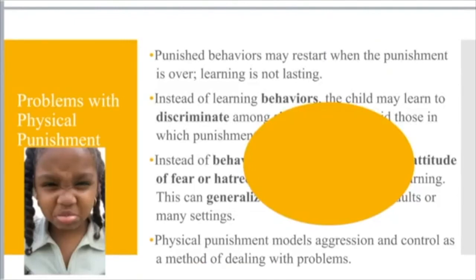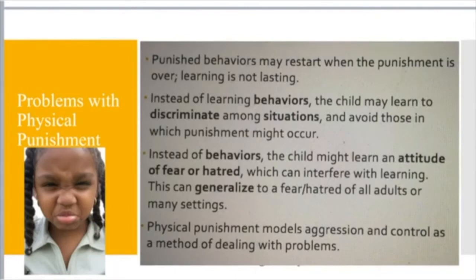With that, then, there are problems with physical punishment. Generally speaking, punished behaviors may restart when the punishment is over, right? Learning isn't necessarily lasting. If a kid gets spanked for doing a behavior, once the spanking's over and the pain is gone, they quickly forget the negative consequence for engaging in that behavior.